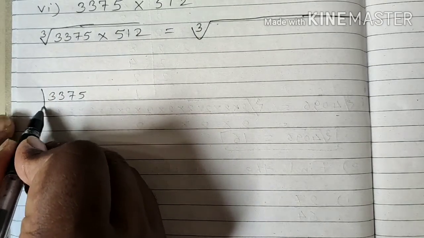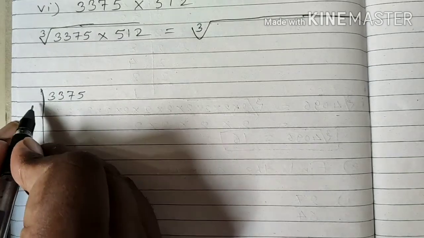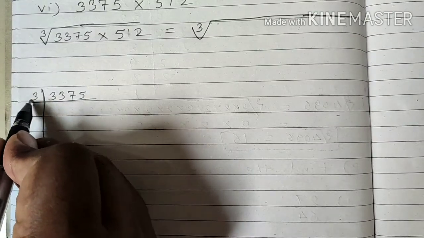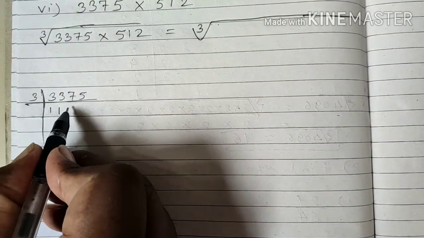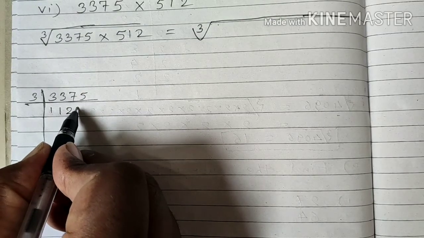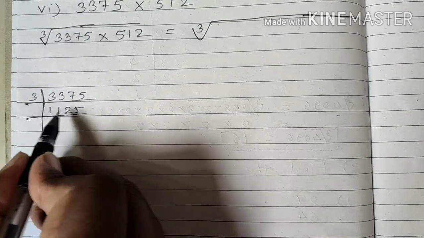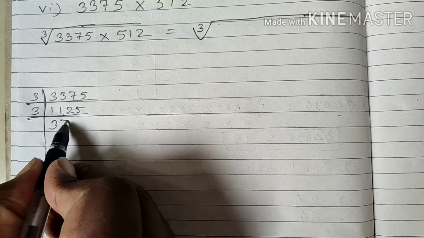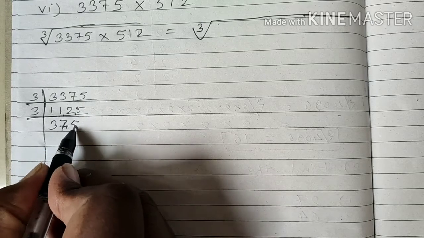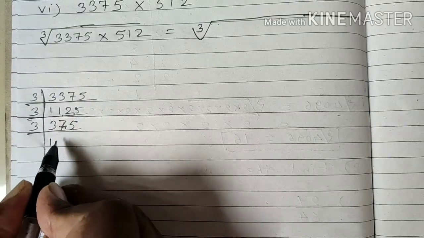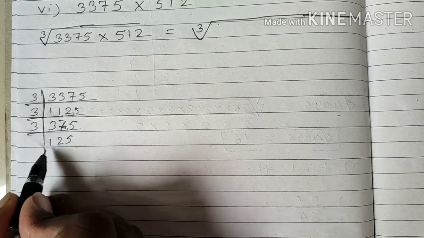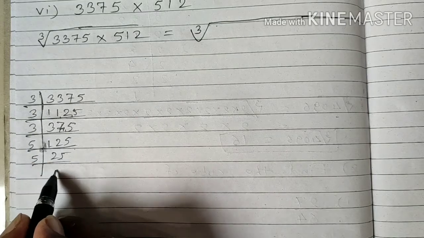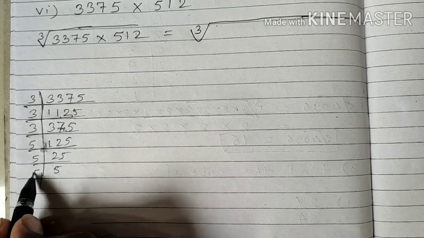This is just an example if you don't know the cube, but if you know the cube you can go for the direct method. Okay, so 3 ones are 3, 3 ones are 3, 3 twos are 6, and 3 fives are 15. Again 3 threes are 9, 3 fives are 15, then 5 into 5 is 25, and 5 ones are 5.